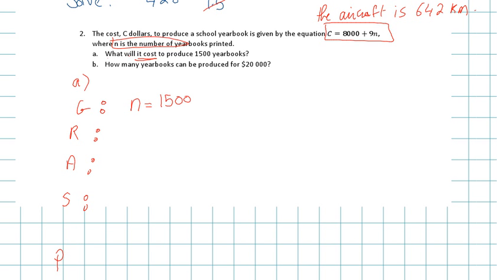Okay, so I know that the number of yearbooks is 1,500. What am I trying to look for? What am I solving for? Cost to produce 1,500. So I'm solving for C. What is my formula? C equals 8,000 plus 9n. What would I do with the solve portion?